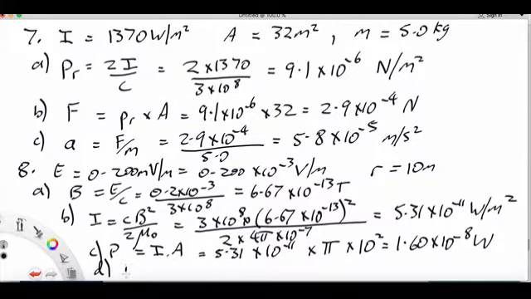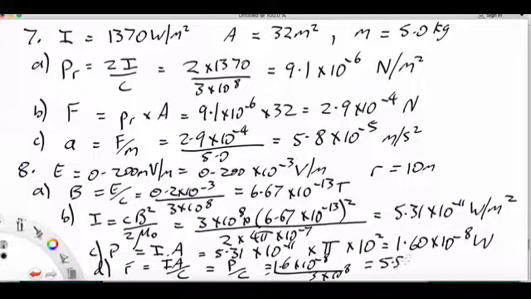And then finally the force, which is I times A over c. If it's absorbing, we've got P over c, and that is now 1.6 by 10 to the minus 8 over 3 by 10 to the 8. It is 5.56 by 10 to the minus 17 newtons.